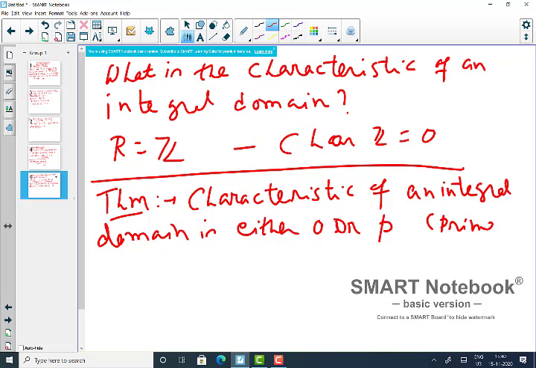Okay, it cannot be a composite number. It can be 0, obviously. If it is 0, there is nothing to prove. Okay, and now we need to check that it cannot be a composite number.